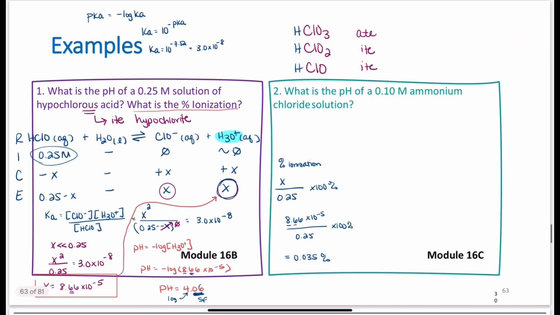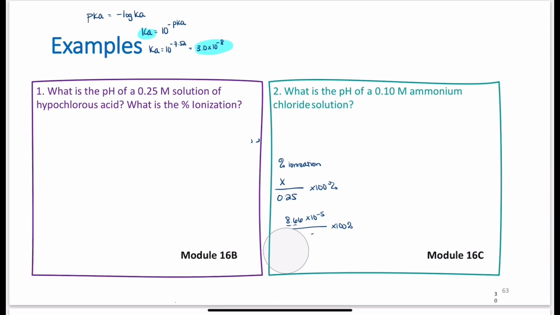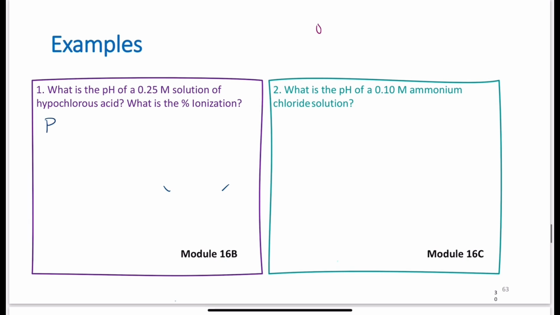So again, things I had to find here, I had to find my Ka value. I had to set up my rice chart. I had to find my X value to solve my overall pH, and then my percent dissociation, or ionized.